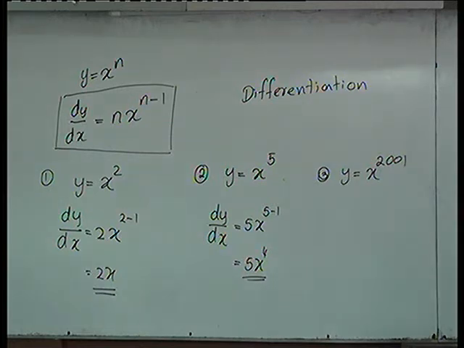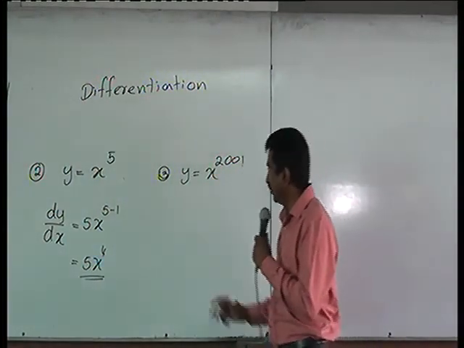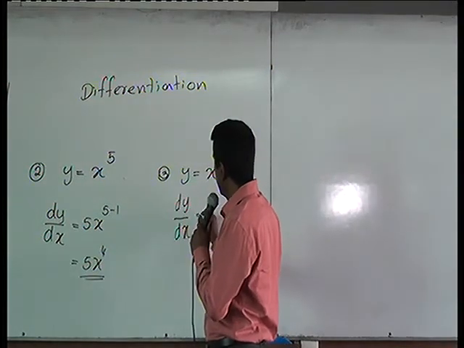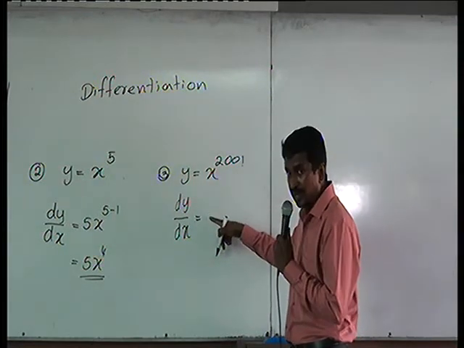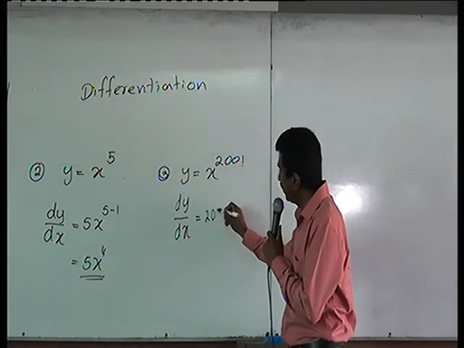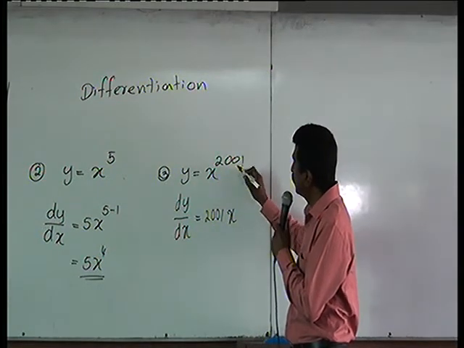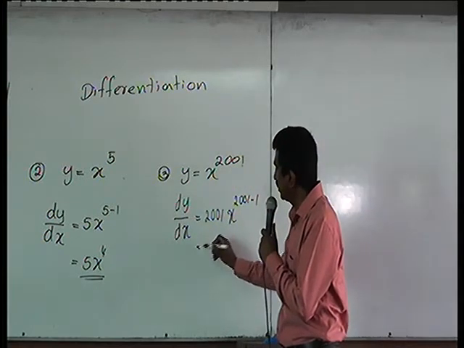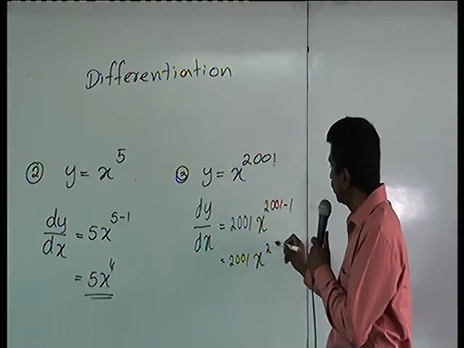Identify the value of n. n is equal to 2001. So dy by dx equals 2001 comes to the front, 2001 x to the power 2001 minus 1, that is 2001 x to the power 2000.